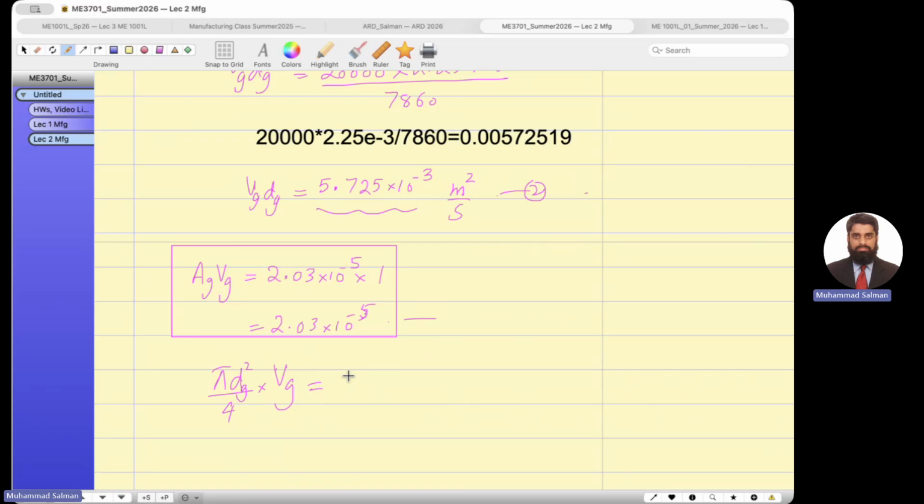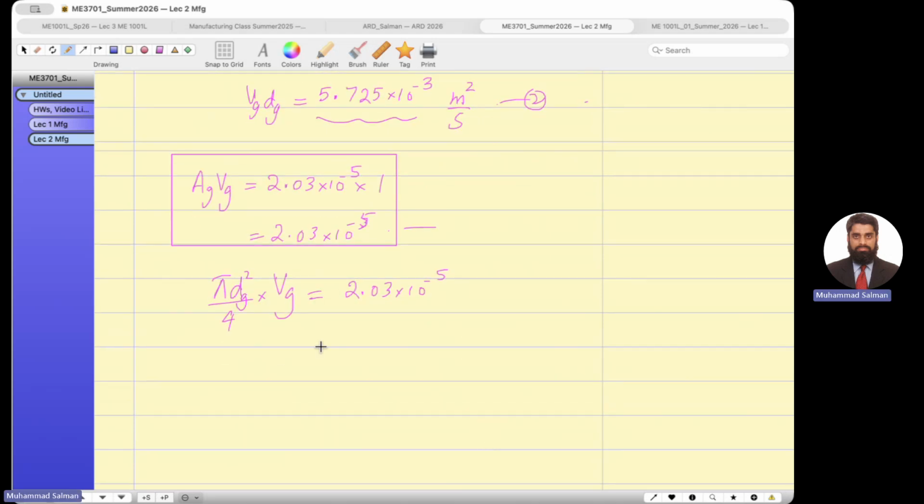That is equal to 2.03 in 10 to the power negative 5. Can I write down like this? Area pi by 4 times dg. What is dgvg? This is over here. So can I write down 2.03 in 10 to the power negative 5?